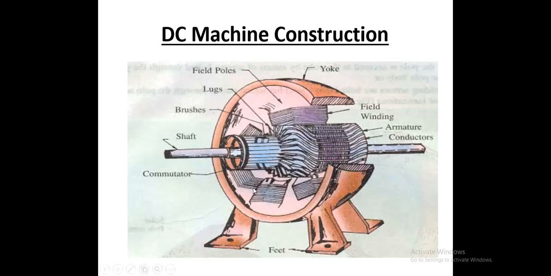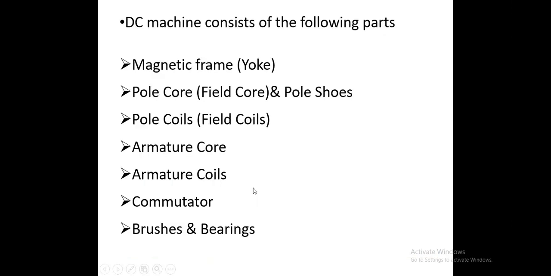The DC machine consists of the following parts: the magnetic frame, that is called the yoke, which we already saw in the diagram; the pole core, that is the field core; and pole shoes, also known as pole shoes because they are in shoe shape.